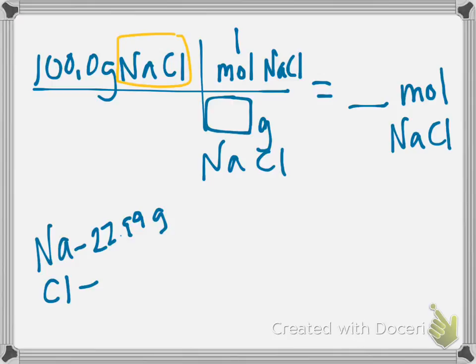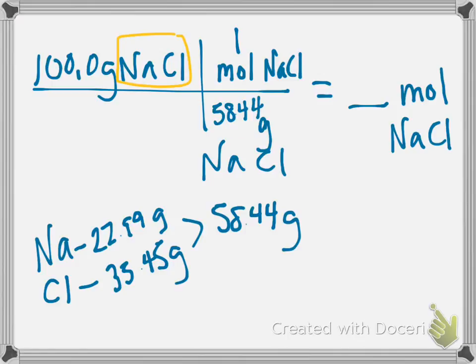Okay, chlorine, what do we have? 35.45 grams. So for the molar mass of sodium chloride, we have 58.44 grams of sodium chloride in 1 mole of sodium chloride. So we divide our 100 by 58.44. What do we get?